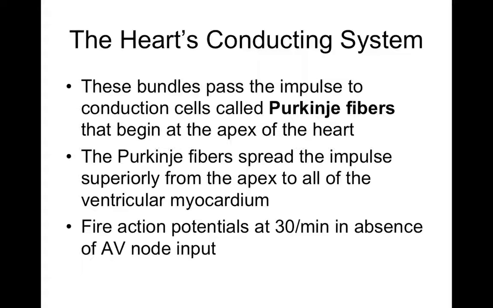So if you could somehow not have the SA node or the AV node fire at all, ever, then the ventricles would still contract at 30 per minute. But because we have an SA node that can fire much faster, it's setting the pace. It's pushing everyone faster. So it's not the case that your ventricles would only beat 30 times per minute, because they could be stimulated by the faster SA node. So the SA node sets the pace.